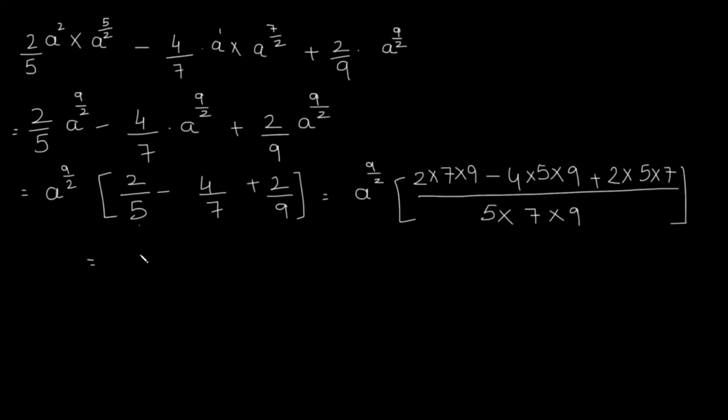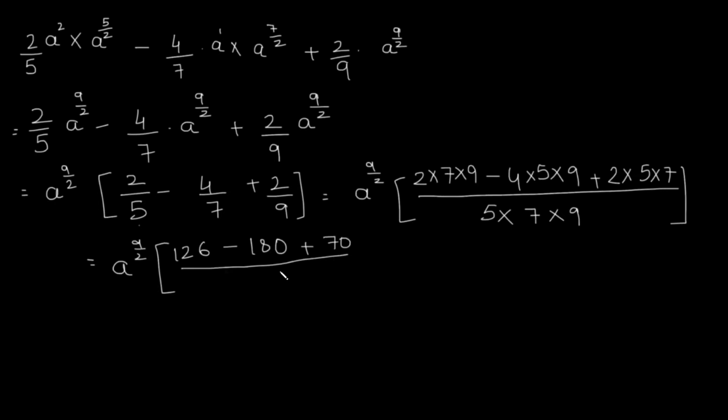Okay, thus we are going to get a raised to 9 by 2 into, now the first term becomes 126 upon multiplication, 126 minus the second term becomes 180 because 4 5s are 20, 9s are 180, plus the third term becomes 70, 2 5s are 10, 7s are 70.